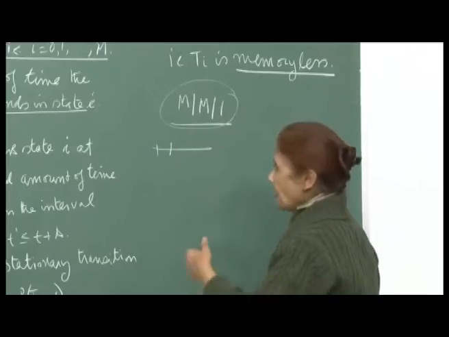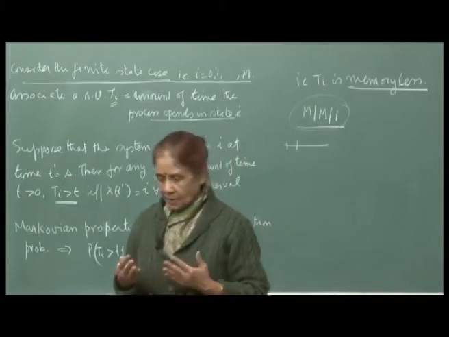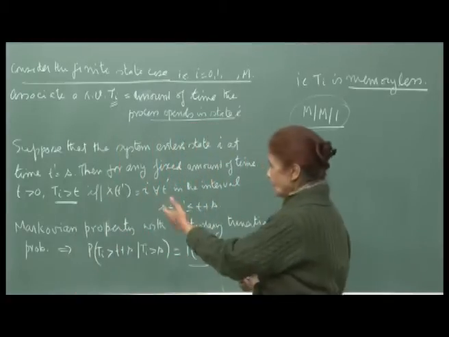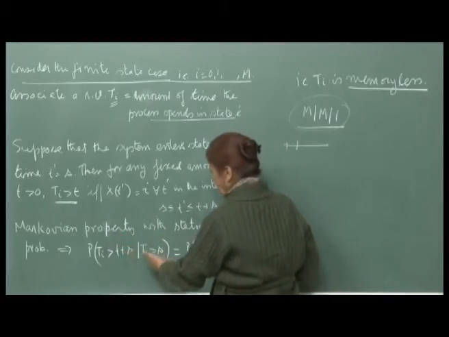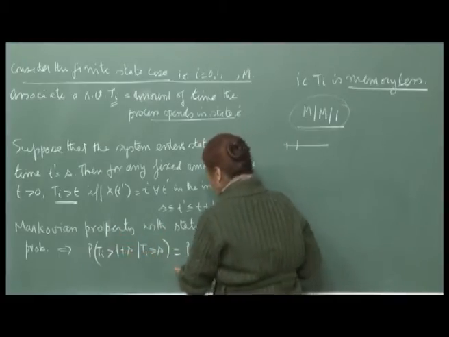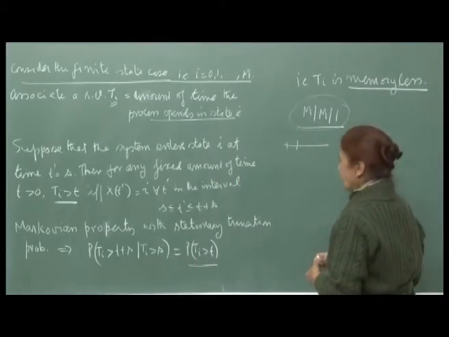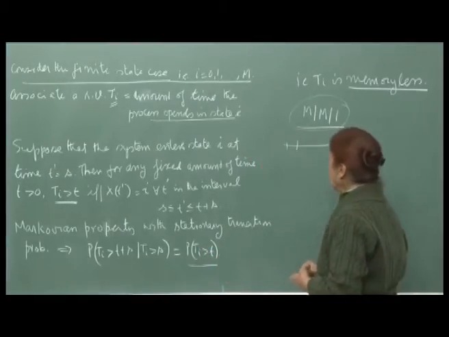So, this is the connection, and therefore you see why it was very important that I talk about discrete Markov processes and then continuous Markov processes, where the Markovian property can again be written down as this, and this will be the memoryless property, which implies that T_I has a negative exponential distribution.